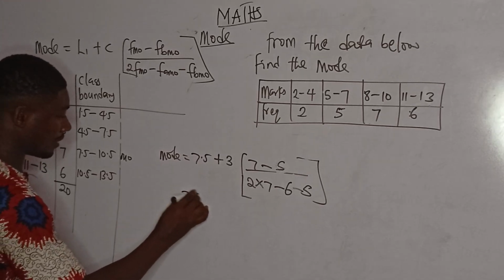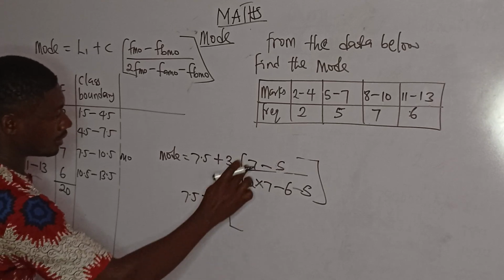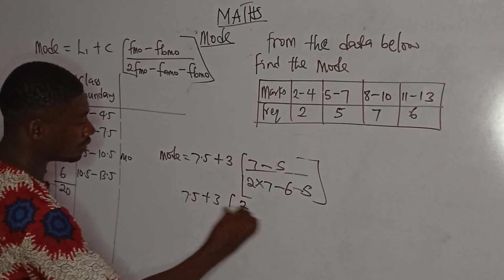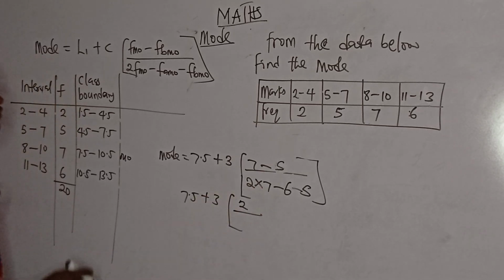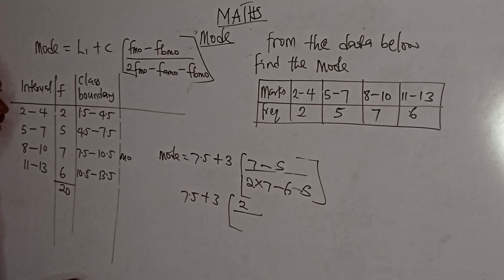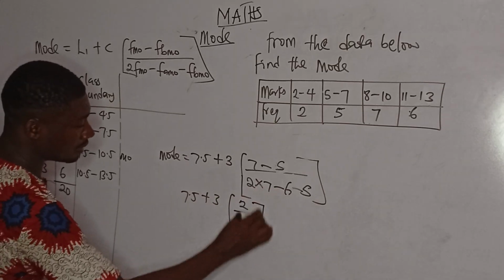So that is 7.5 plus 3, times 7 minus 5, which is 2, over 2 times 7, 14. 14 minus 6, that is 8. 8 minus 5, that is 3.